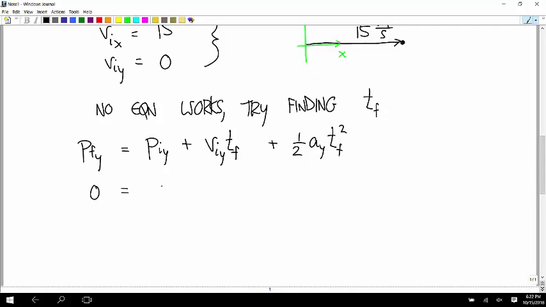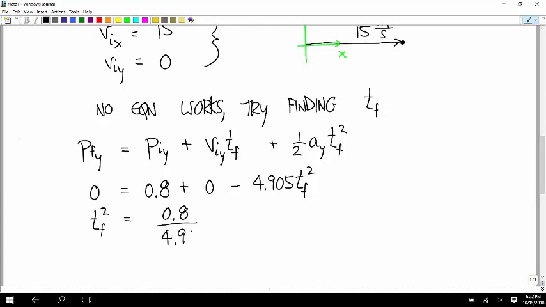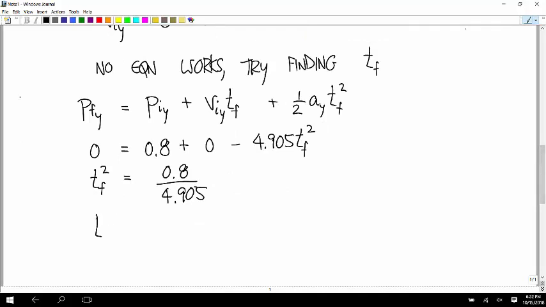So 0 is equal to 0.8 plus VIY is 0, so this second term goes away, minus 4.905 TF squared. And so TF squared is equal to 0.8 divided by 4.905. And then you can take the square root of both sides. TF is equal to plus or minus. Can someone tell me what the square root of 0.8 over 4.905 is?